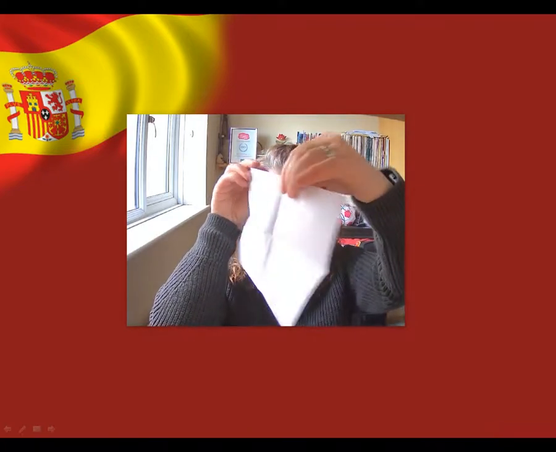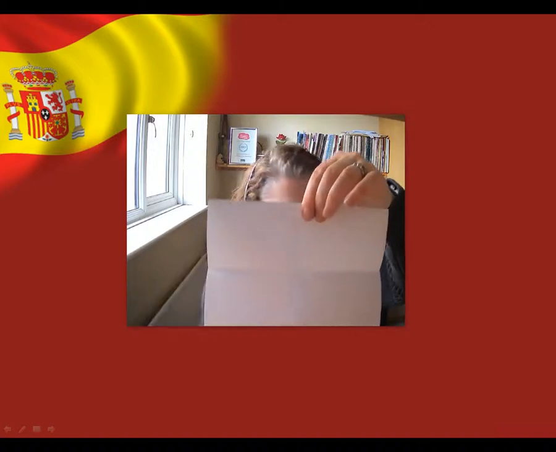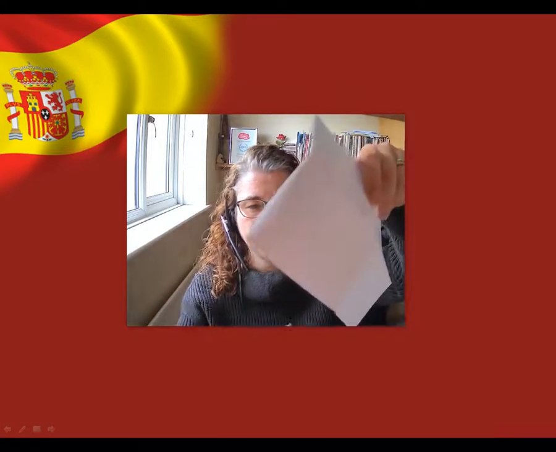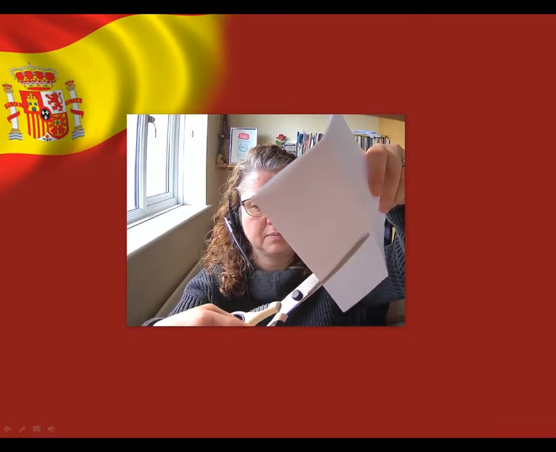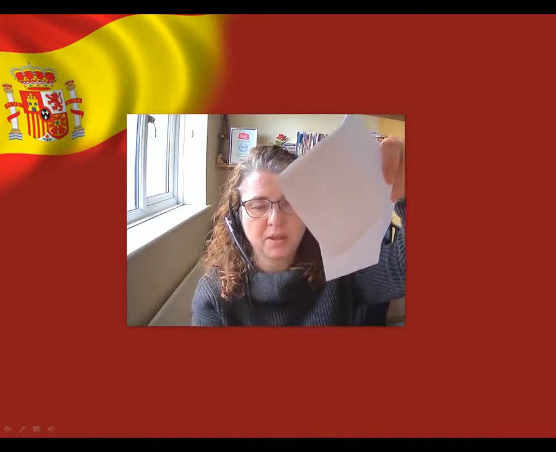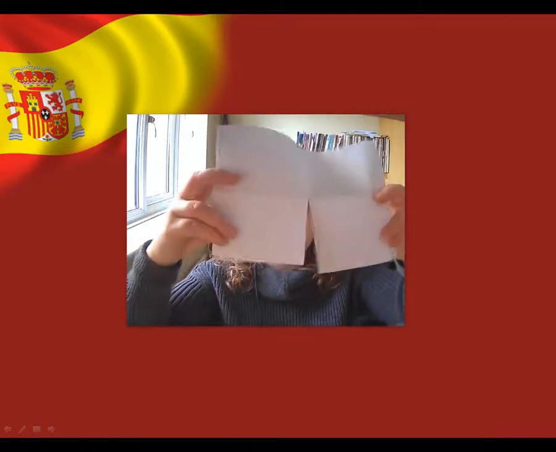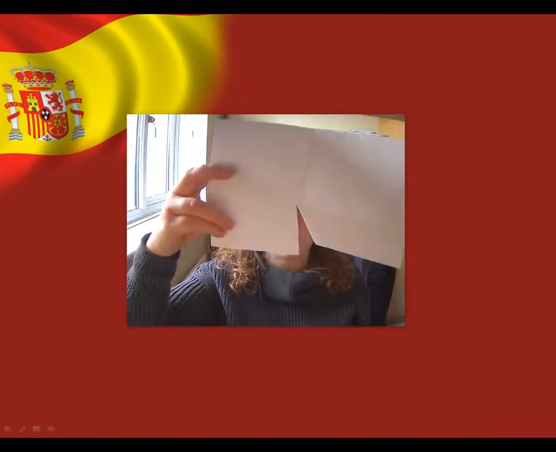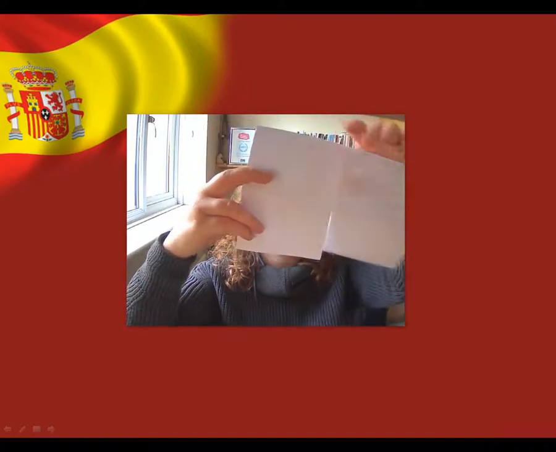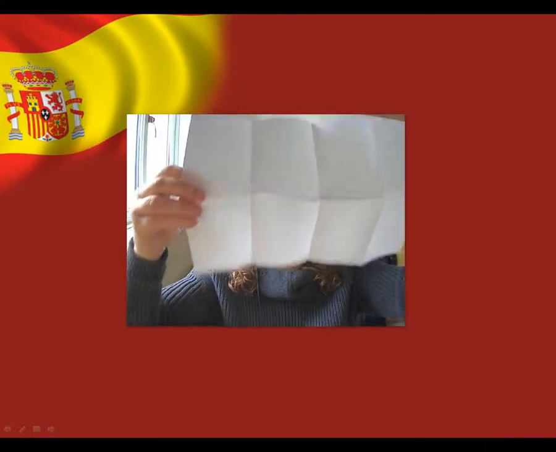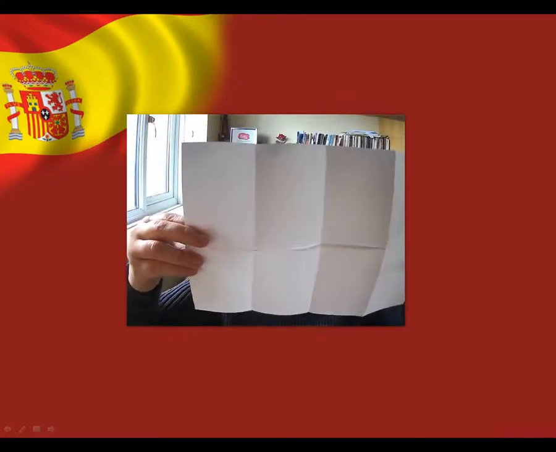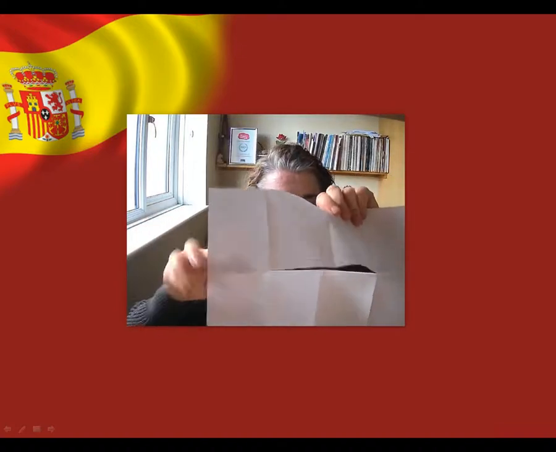So we're going to cut from the fold to the center, but stop at the center. If you cut all the way through, it'll just be two bits of paper. Then open it right out. You've got a piece of paper marked into your 8 pages with a hole in the middle.